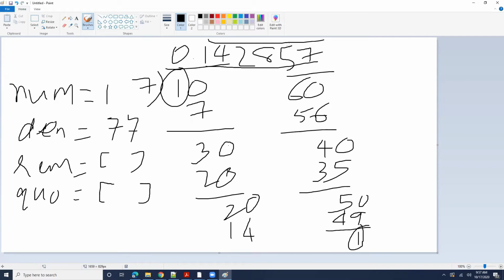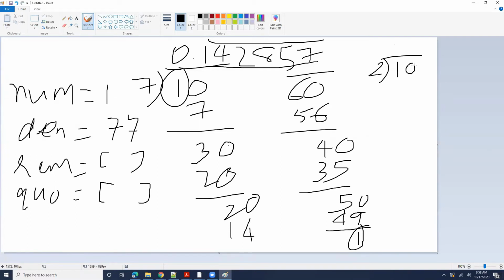But what about if I did reciprocal of 2? So 2, 1. This doesn't repeat, right? What is this?